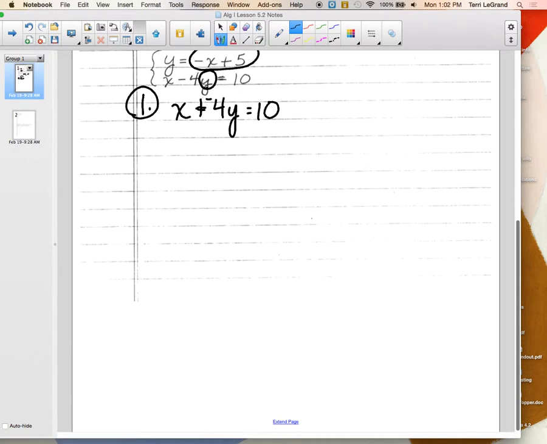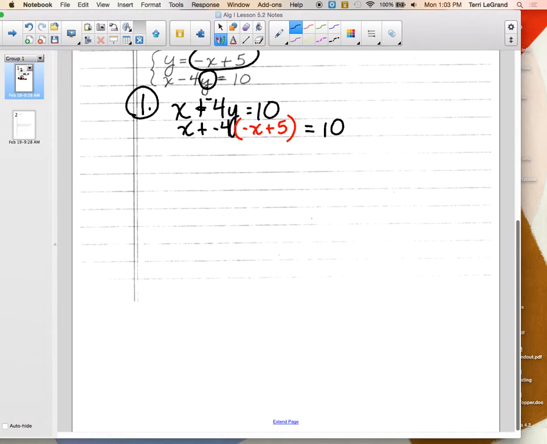Now we'll do our substituting. X plus negative 4, and we're going to substitute in for that y our circled expression, negative x plus 5. Everything else in that equation stays the same. Only the y gets replaced, and it gets replaced with negative x plus 5.